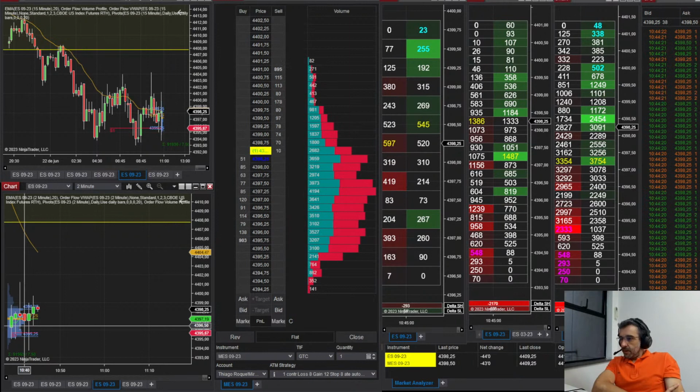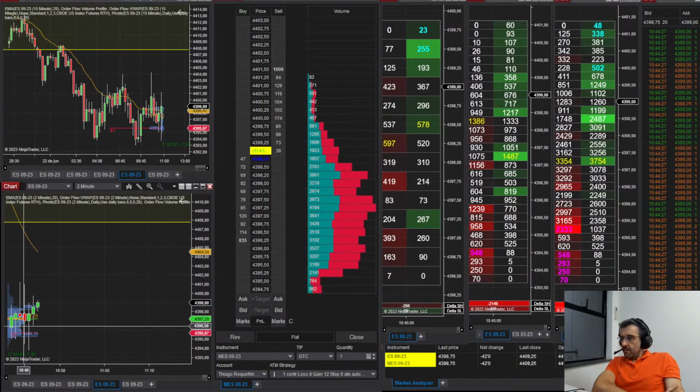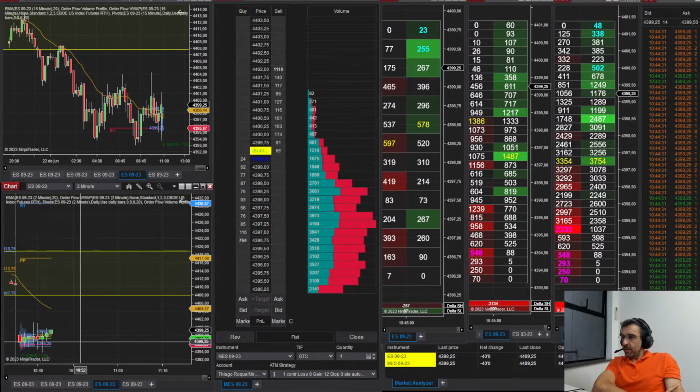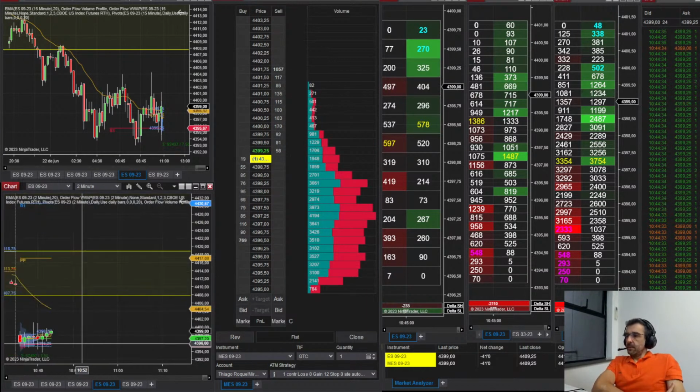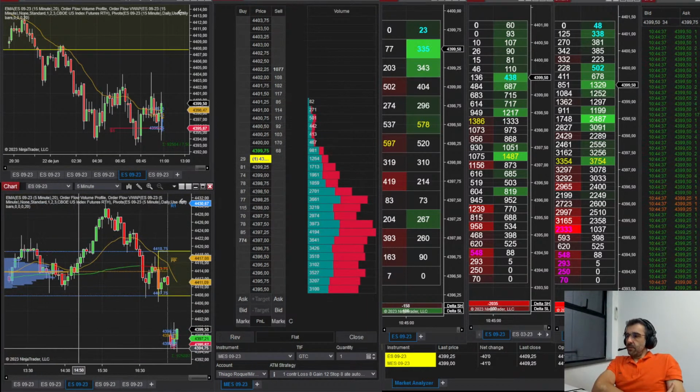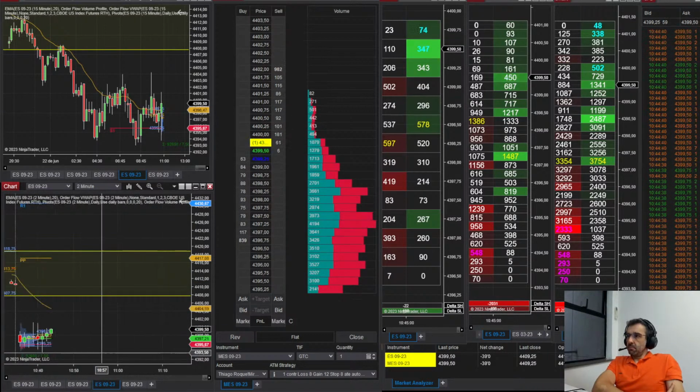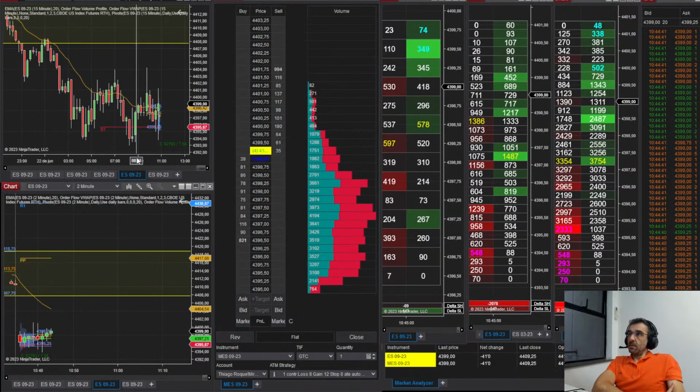Kind of 7 point candles, 6, 7 point candles and big shadows. This confirms the volatility we're seeing, and is also a warning for us to be vigilant.